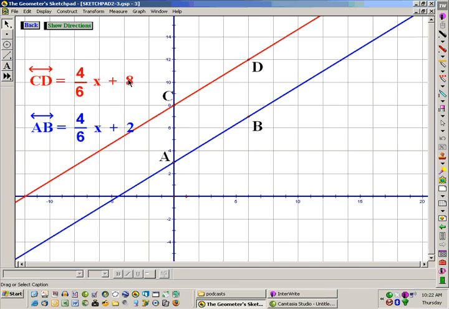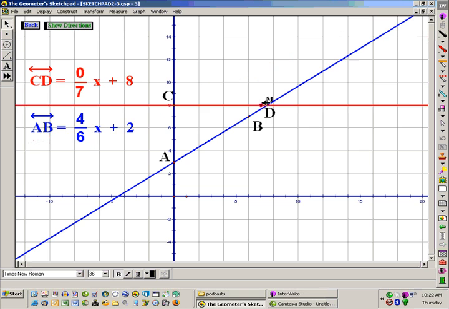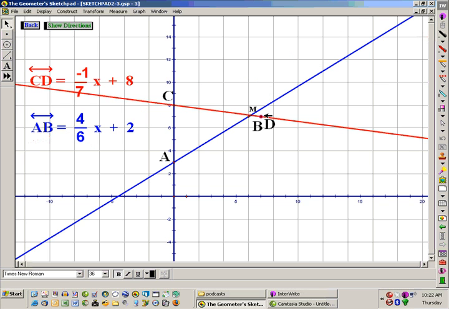To look at the same idea graphically using the sketchpad activity, here are two equations of lines. The red one and the blue one are parallel to each other because they have the same slopes. The software does not reduce the fraction, by the way, but they both have a slope of 4/6. If I change the red one, obviously now it's not parallel, it's not perpendicular. This would be called oblique. Their slopes are just different.